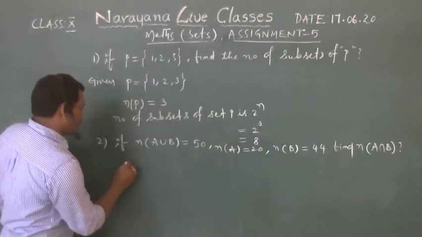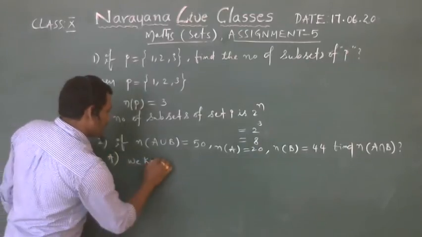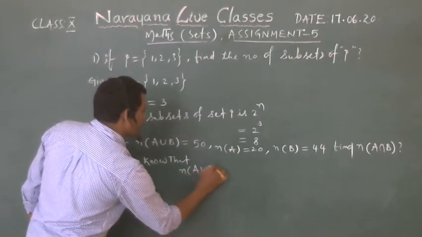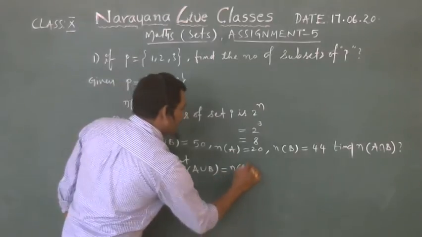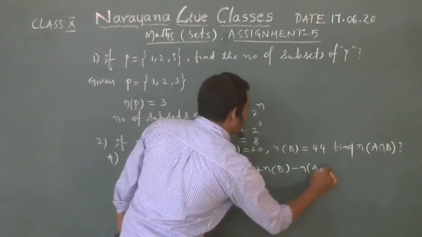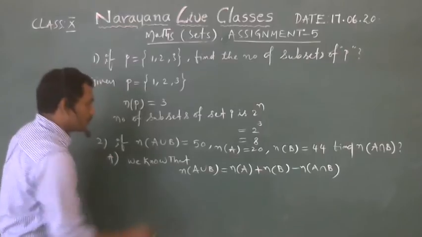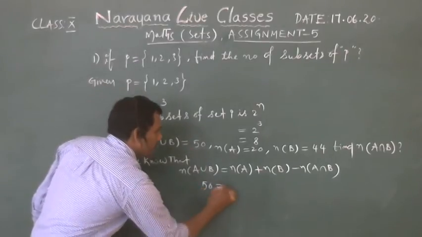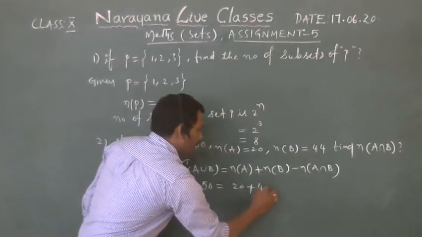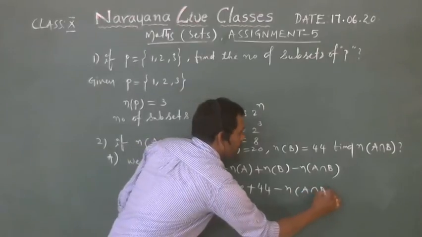So now the answer. We know that n(A union B) is equal to n(A) plus n(B) minus n(A intersection B). So n(A union B) is 50, n(A) is 20, n(B) is 44 minus n(A intersection B).